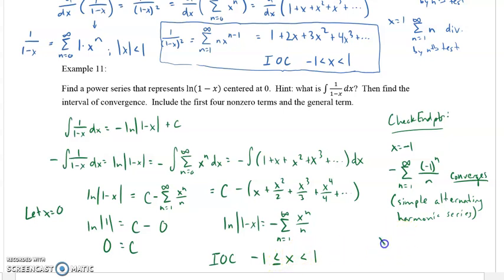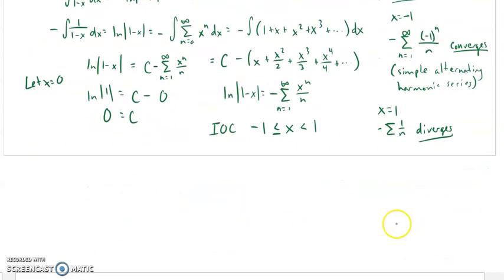And then we're going to try x equals positive 1, and I think we can recognize that when we take the negative sum of 1 over n, we know that this is going to diverge because it's the harmonic series. And again, this is the famous one, the simple harmonic series. You can call it a p-series.